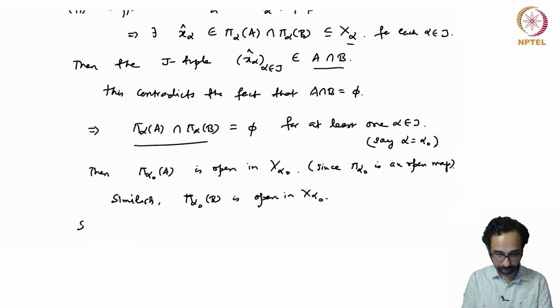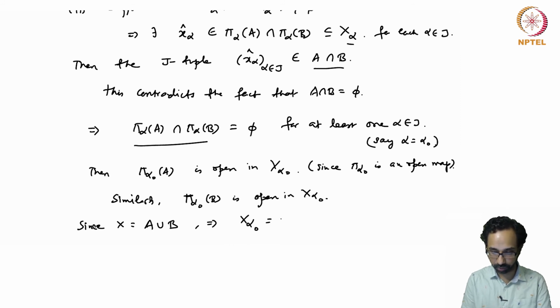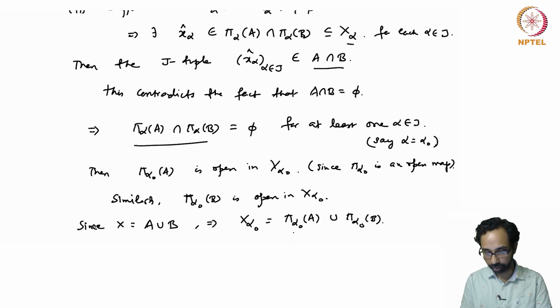But since X is the union of A and B, this implies that X alpha naught is the union of pi alpha naught A and pi alpha naught B. So we have produced two non-empty, open, disjoint sets whose union is X alpha naught.